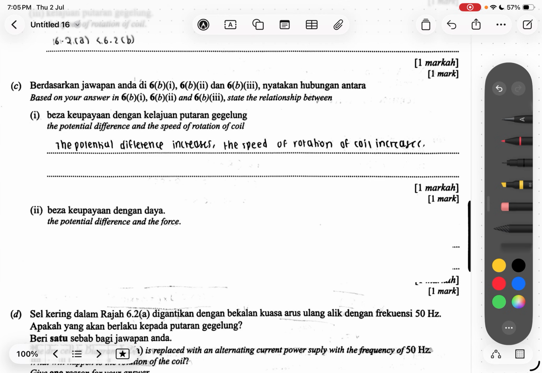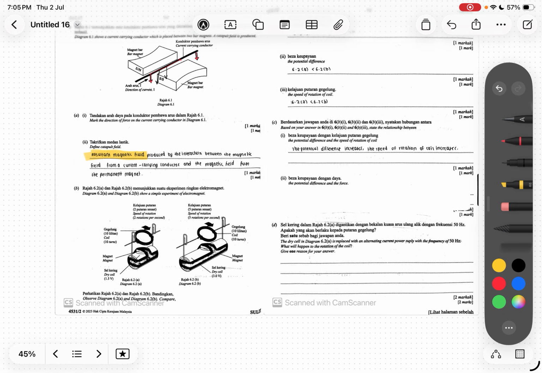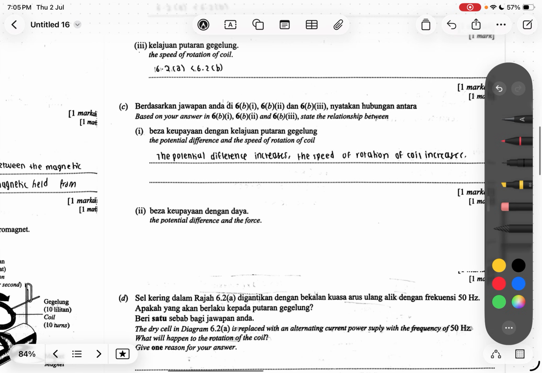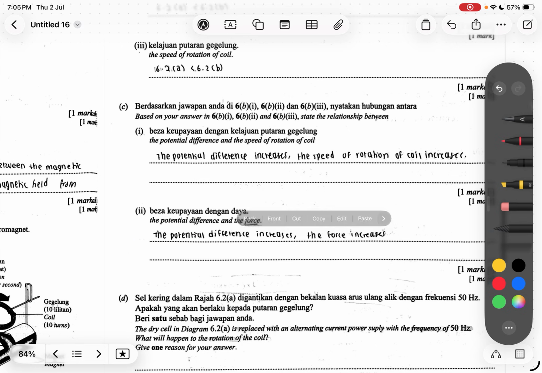So when speed increases, it means a higher electromagnetic force is used to increase the speed of the coil. So you don't have to think much about that. When potential difference increases, the force increases.